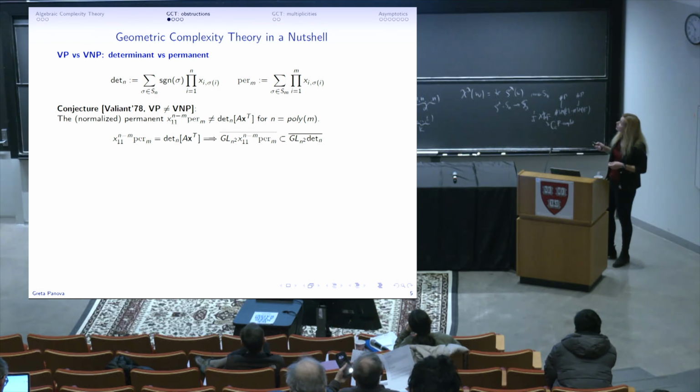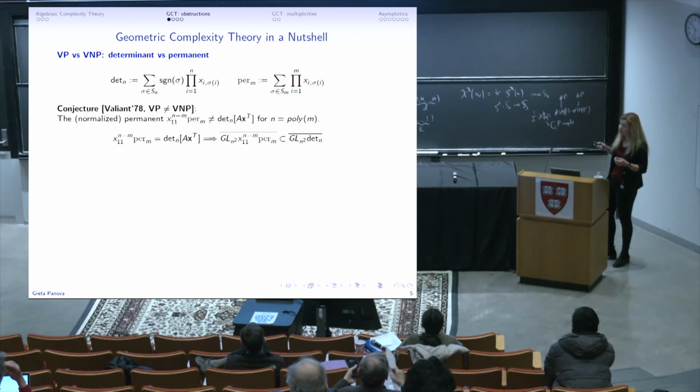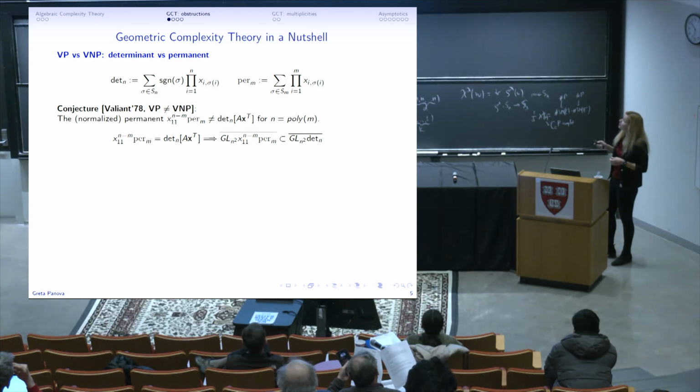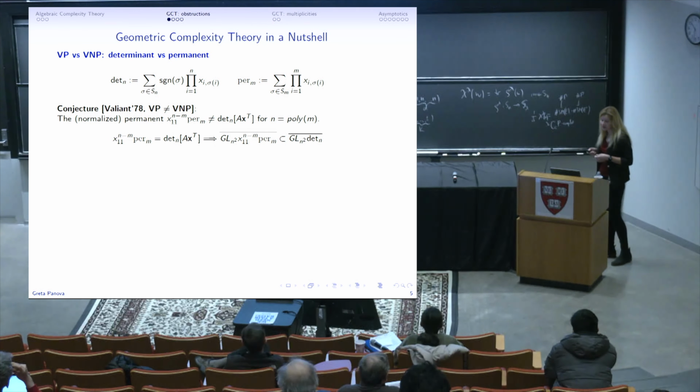These matrices are not necessarily invertible, and they have to be n squared by n squared because we have n squared many variables here. To remedy this, we can take the orbits of the invertible matrices acting here, GL n squared, and take the closure. This is going to capture everything we can get this way.